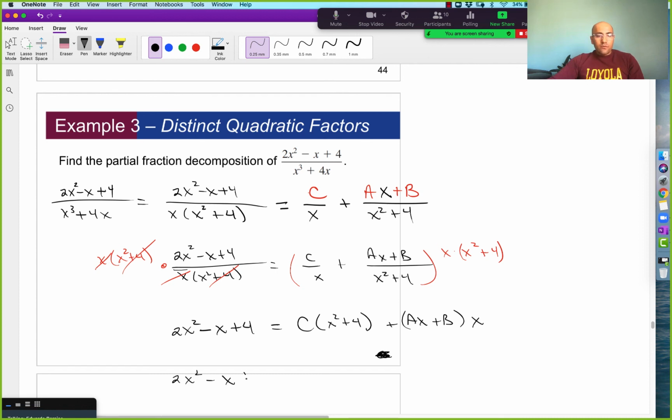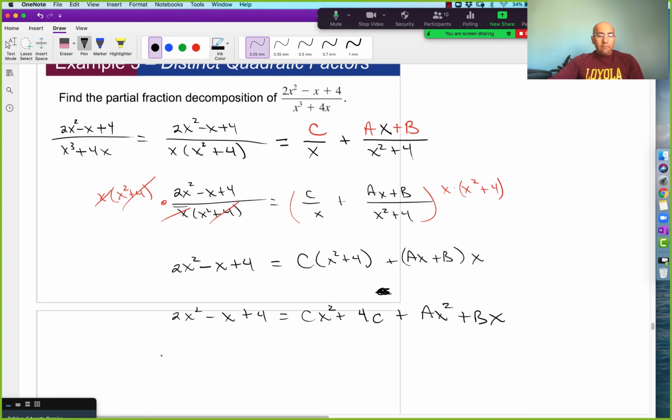We need to distribute, combine like terms based on powers of x, and solve the resulting system of equations. Distributing the x and distributing the c, I get these terms.